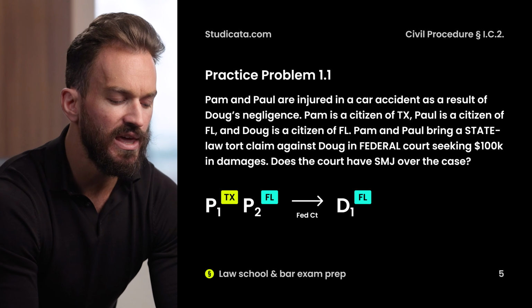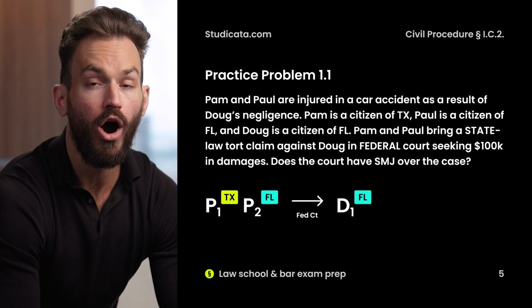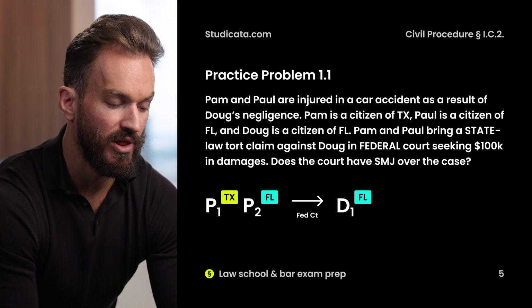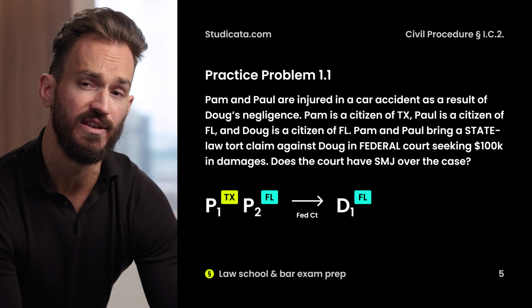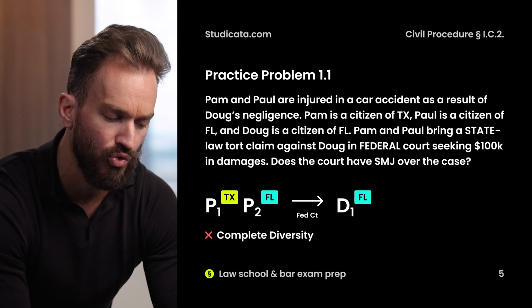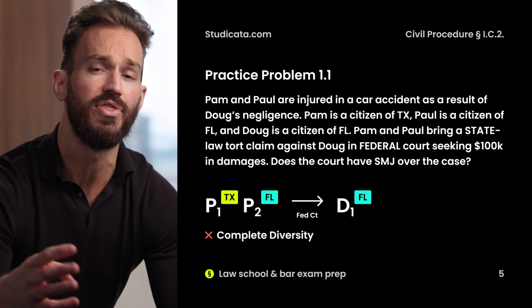So here, even though Pam and Doug are citizens of different states, our second plaintiff, Paul, shares citizenship with our defendant, Doug. Therefore, complete diversity is destroyed because we have a plaintiff who shares citizenship with a defendant.